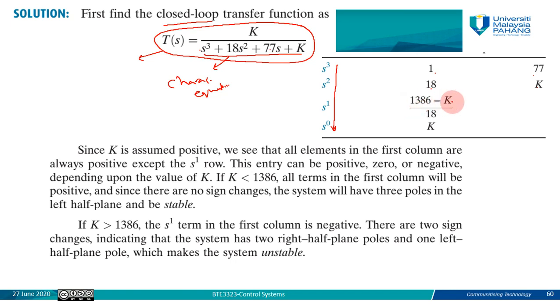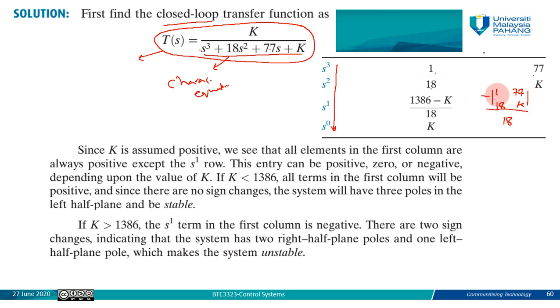From where did we get this 1386? We apply the formula, negative determinant of the previous rows. The first element is 1, 18. The second element is 77 and k, divided by the element 18.